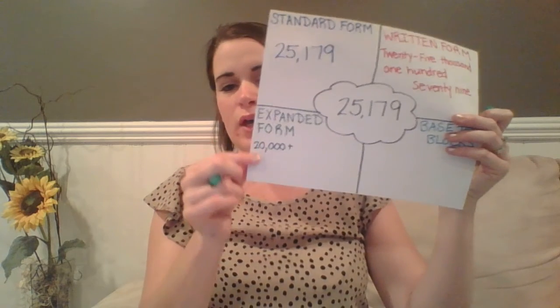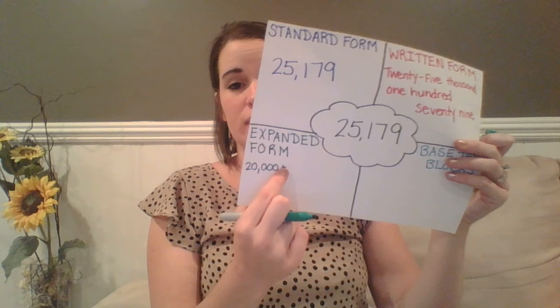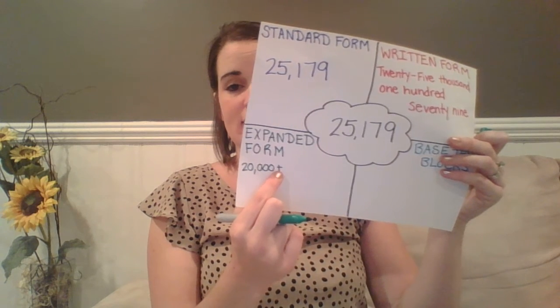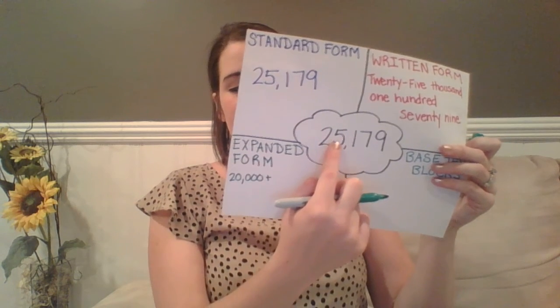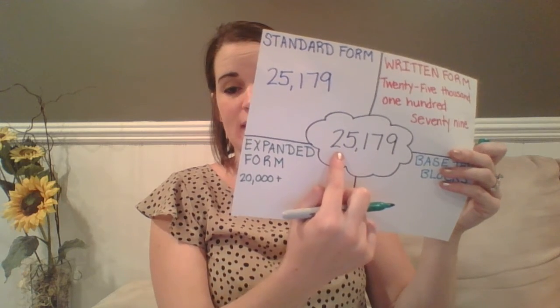So I'm going to write that. So we got 20,000. Then I put a little plus because we're going to add it to the value of the 5. The 5 is in the thousands place. So that becomes 5,000.